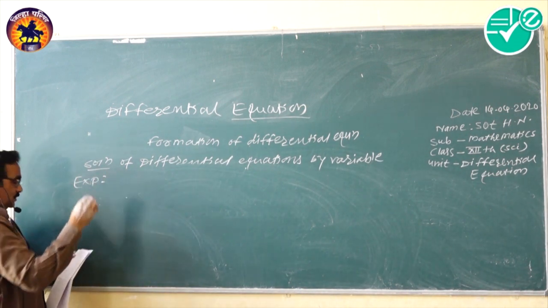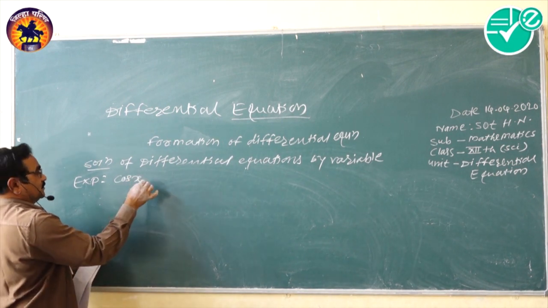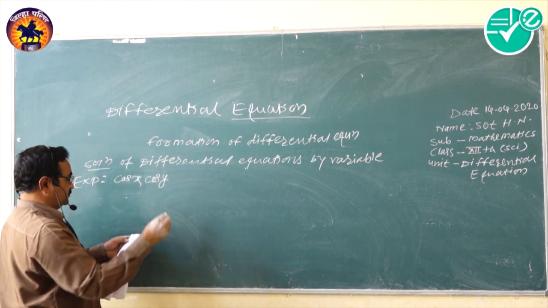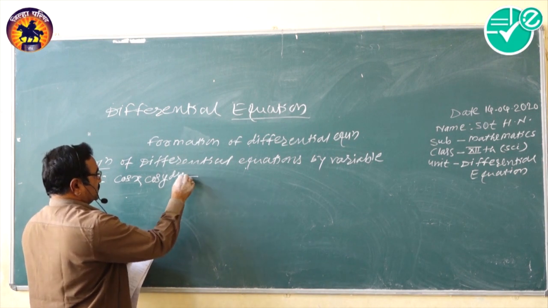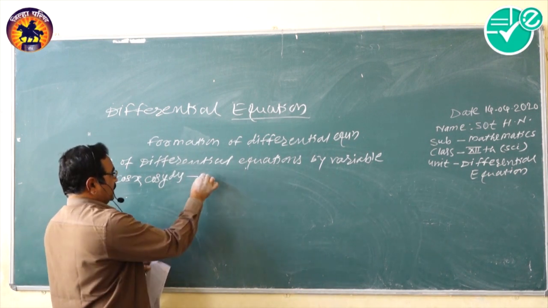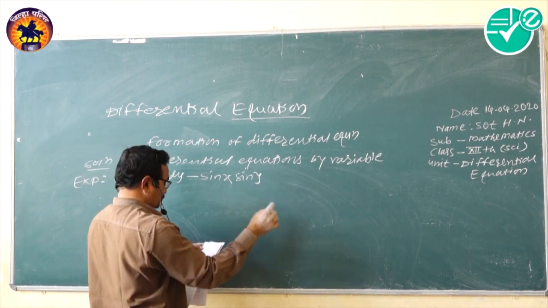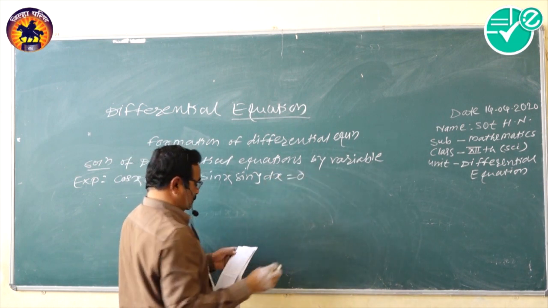Example: cos x into cos y dy minus sin x sin y into dx equal to 0.